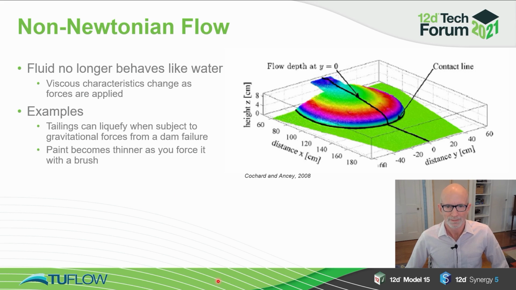And the equations that we use for solving how water moves around no longer apply anymore. I won't get into those details. I'll leave that to the experts. But a couple of examples: if you have a dam failure of a tailings dam, the tailings can liquefy, and then, subject to gravitational forces, they can move into a non-Newtonian flow mode.